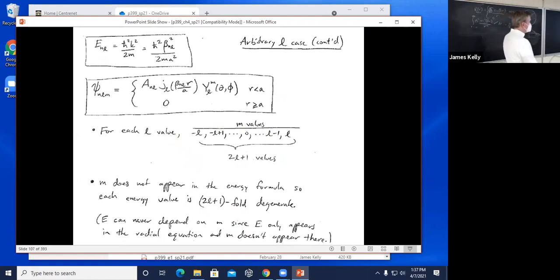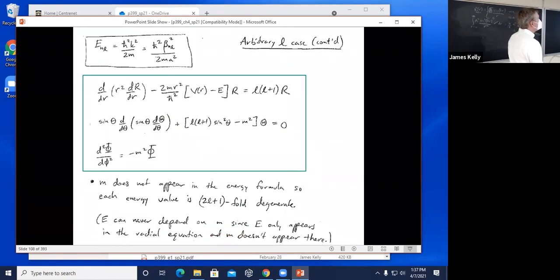Griffiths makes the comment that even for different potentials, the energy can never depend on that integer m, since in these three differential equations, here's the r equation, and here's the theta and phi equation. Notice that m appears in the theta and phi equation, but E doesn't. The only place E appears is in the r equation.